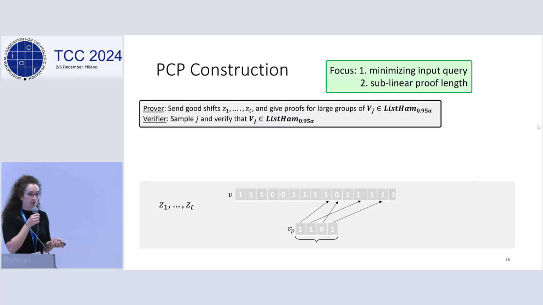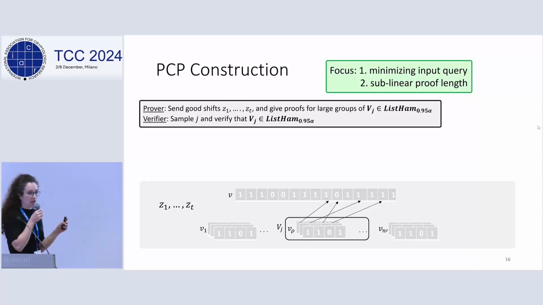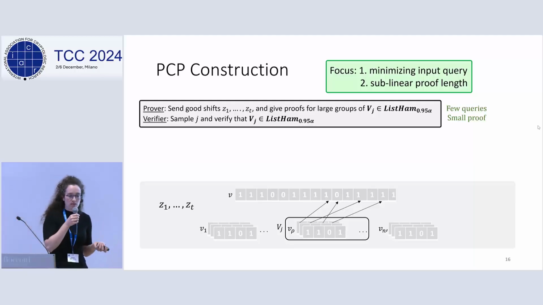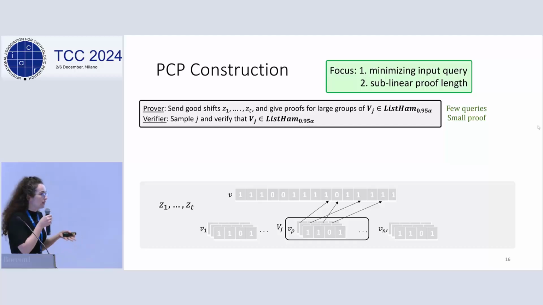Now this will have low query complexity, but the problem is that there is no interaction here. The prover doesn't know which V row the verifier is going to choose, so it must send a proof for each V row. So the proof length is going to be linear in n, the input size, which is too large, and we fail to maintain now the second goal.